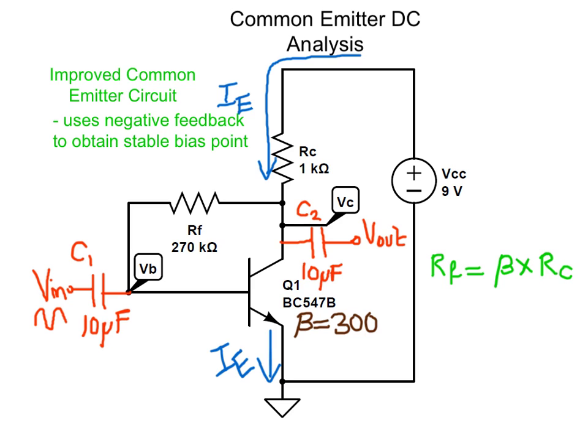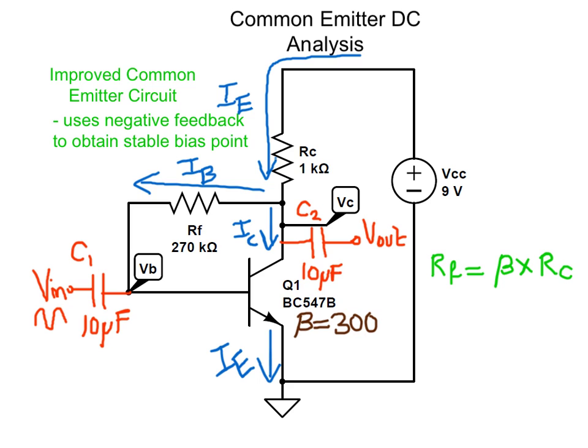Now, because of the shunt resistance here, the emitter current is split into the collector current and the base current. As a result of the base current flowing through the shunt resistance or feedback resistance RF, we get a voltage drop across this resistor.